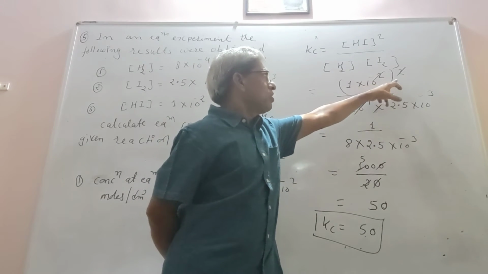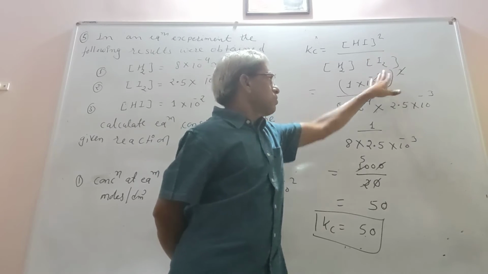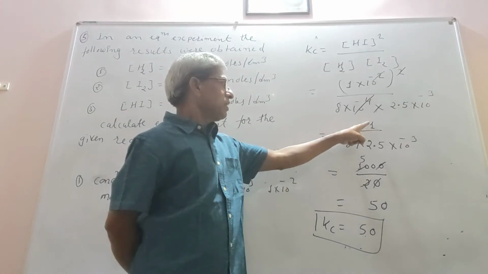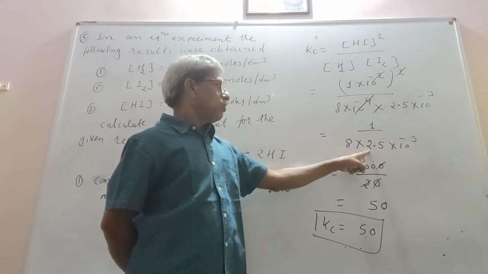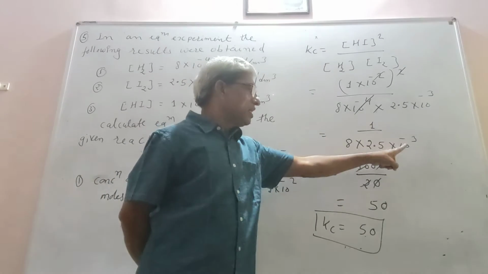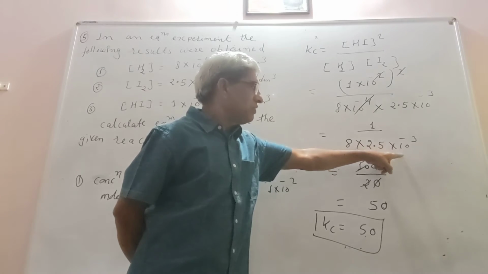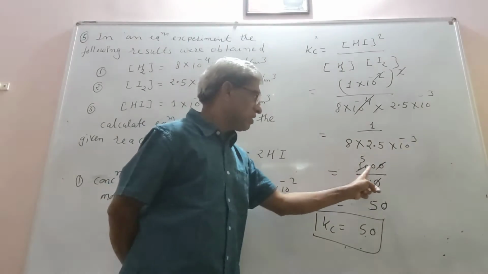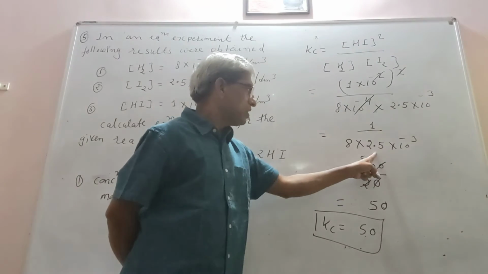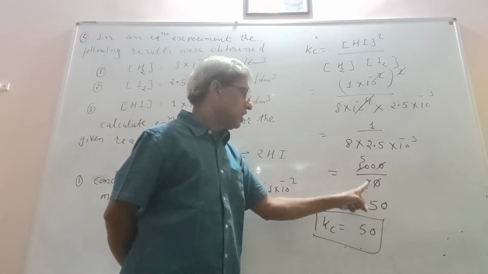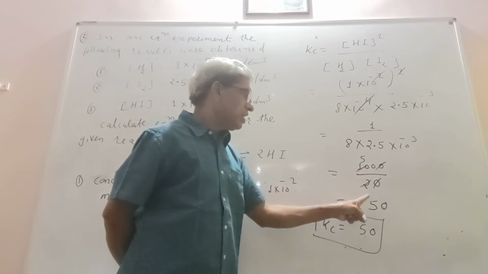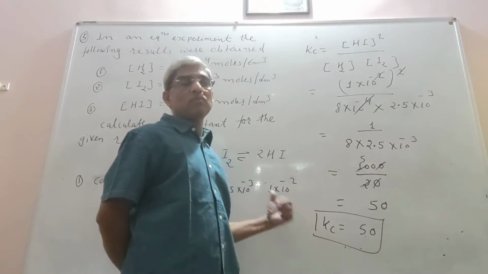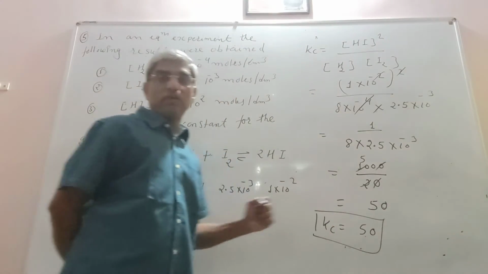Minus 4 gets cancelled. Then it becomes 1 upon 8 into 2.5 into 10 raised to minus 3. When you transfer this 10 raised to minus 3 towards the numerator, it becomes plus 3, that is 1000. Multiplication 8 into 2.5 is 20. Therefore 1000 divided by 20 is nothing but 50. Therefore the equilibrium constant for the given reaction is 50.